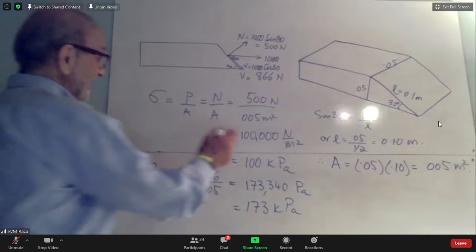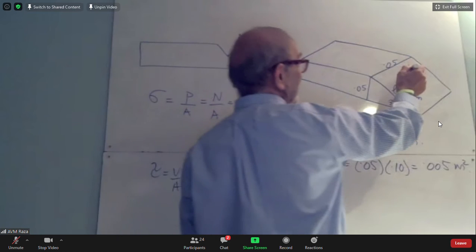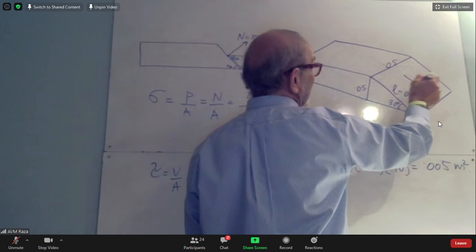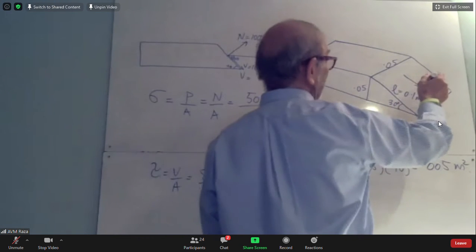So now, talking about the same thing, what I'm saying is that on this surface, the tau is what we just found, 173 kilopascals.